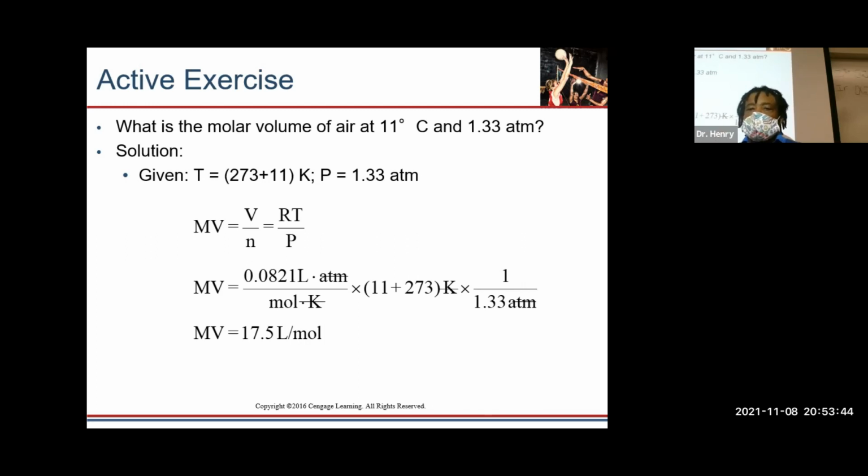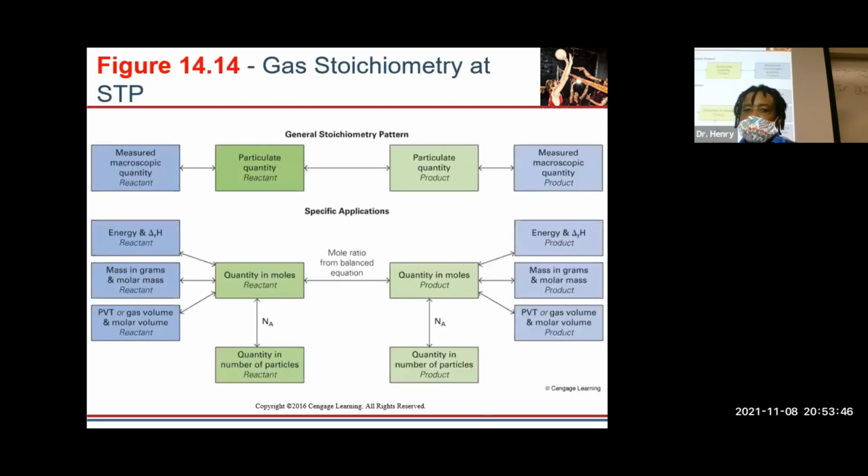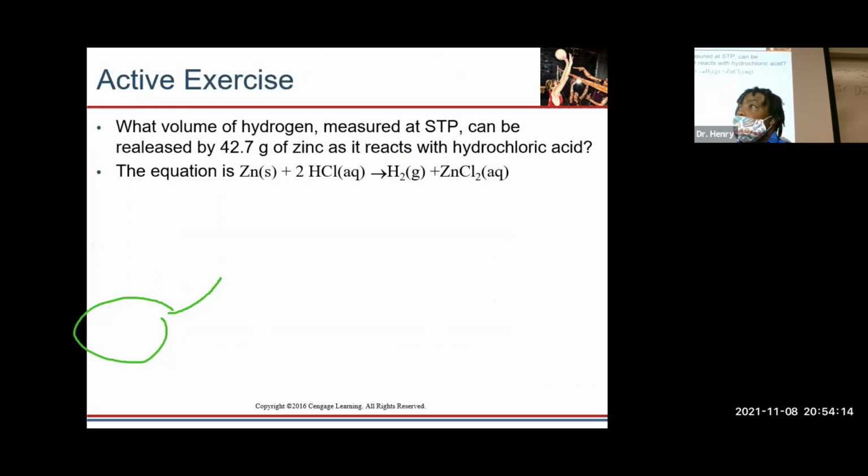We can do this also with the ideal gas law, because we can always calculate the number of moles, and if we get the number of moles, we can calculate the number of moles of our product. So again, moles is the gateway drug for stoichiometry. It has to be in moles. We can also use the molar volume to get us to that point. Okay, so let me show you.